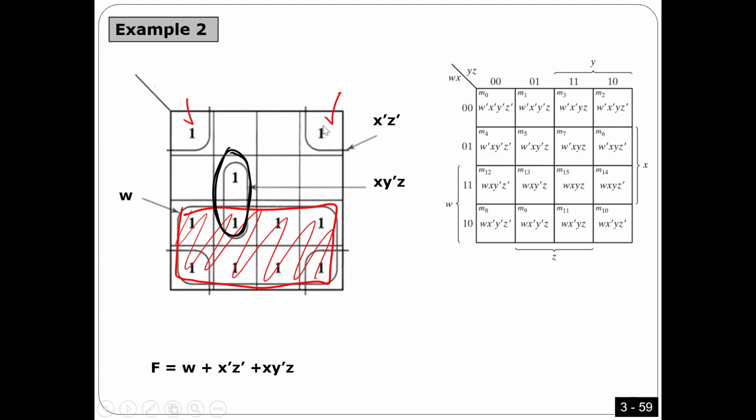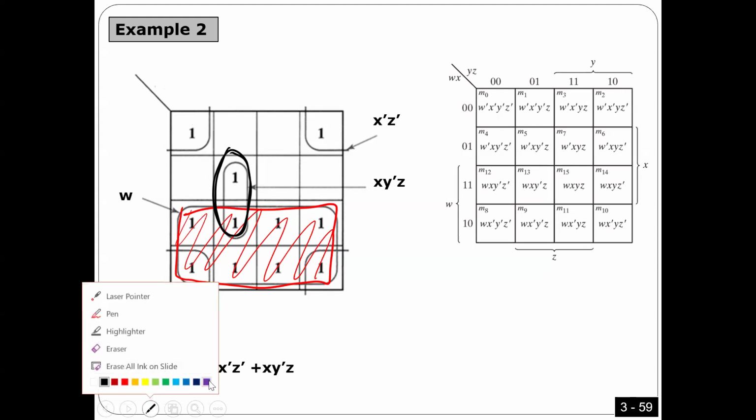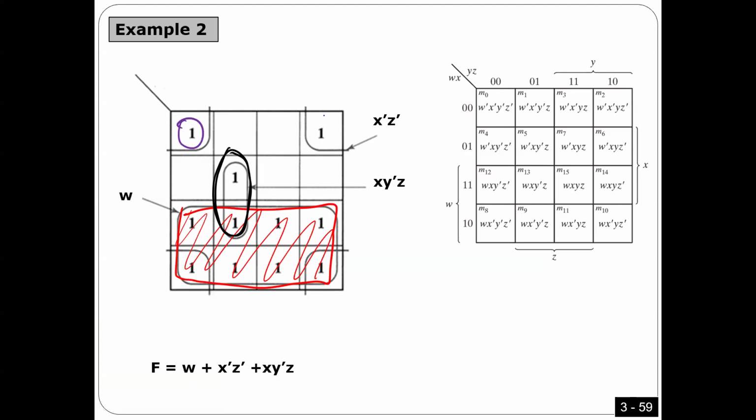Here I have multiple choices. Let's use a different color. I can take this one alone and this one alone, but that's a bad idea. Because they are neighbors, I can take them together. Makes sense? But this is still a bad idea.